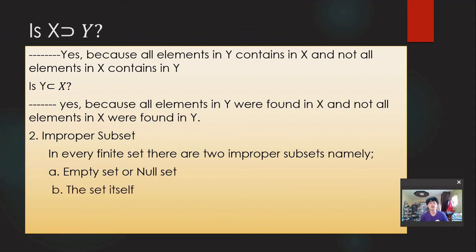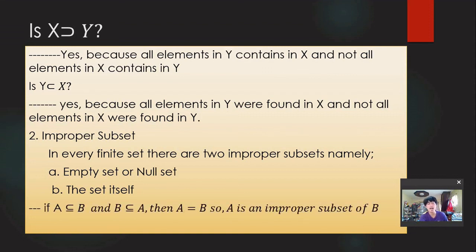And the second is the set itself. That's improper subset. Okay. So if A is a subset of B and B is a subset of A, then A is equal to B. So A is an improper subset of B.